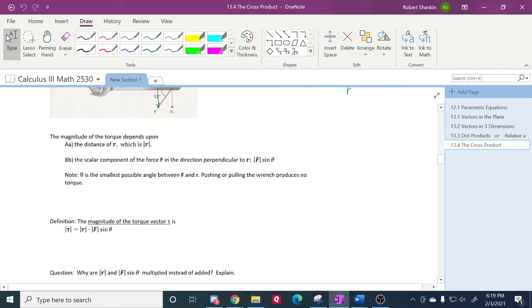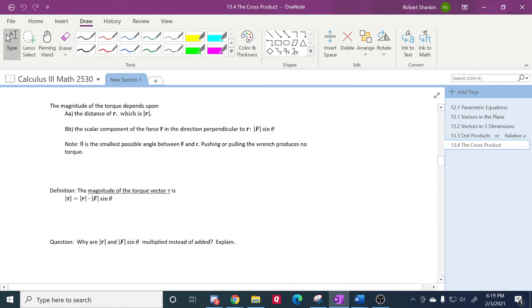So I have a question and I want you to answer it in your group. In your group chat, this torque definition has a multiplication symbol in between. Now that's not a dot product, because this is a scalar and that's a scalar. It's not vectors. Why are these two things multiplied instead of added?